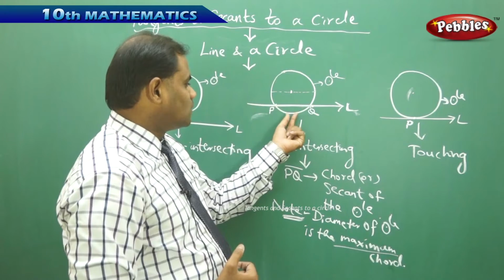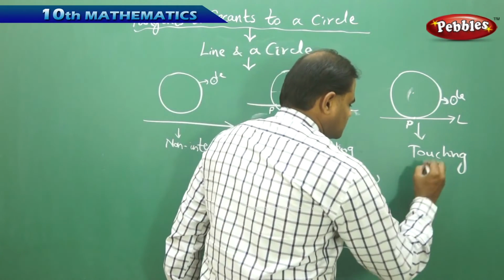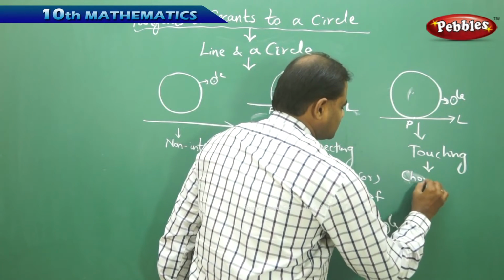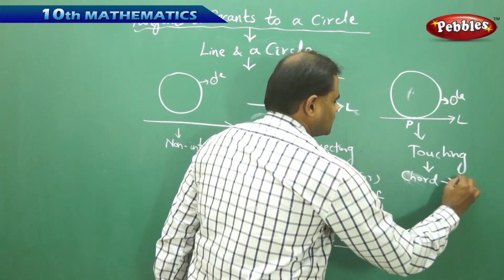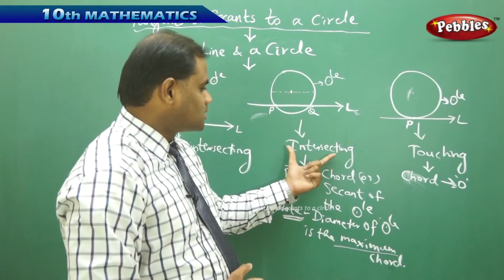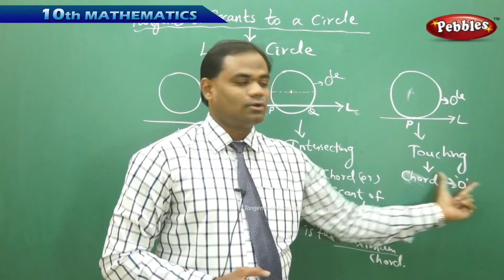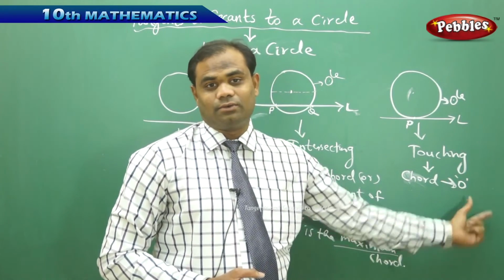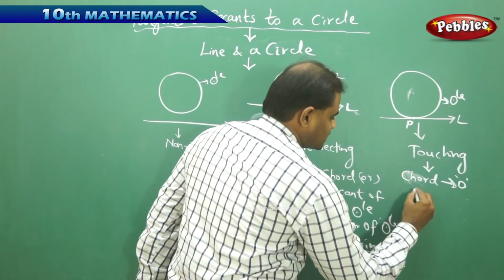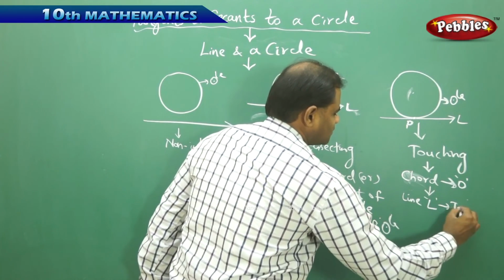So when P and Q tend to one point, we get a tangent. Therefore, a line touches the circle when the chord tends to 0. When the chord or secant tends to 0, we get a tangent out of a secant. So the intersecting concept reduces to the touching concept if the chord or secant tends to 0. These two converge at a single point, and in this case, if the chord tends to 0, the line L is called a tangent.